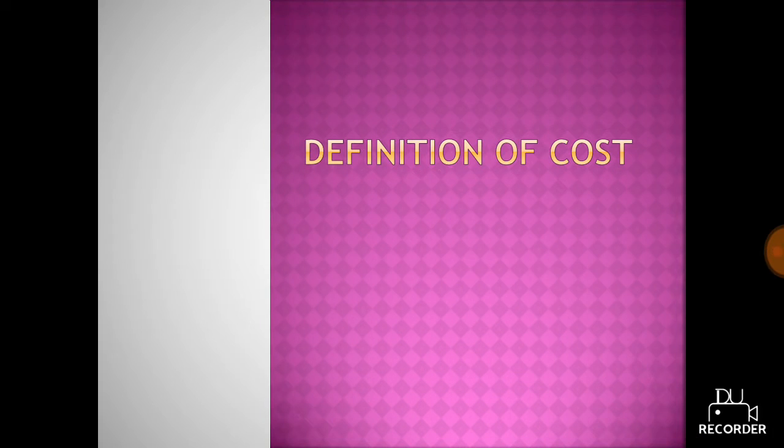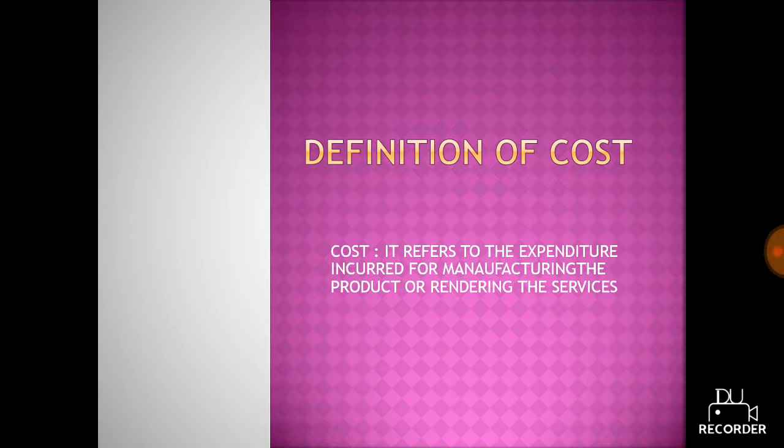Thank you. See, friends, we have to know what is the definition of cost. What is the meaning of cost? It refers to the expenditure incurred for the manufacturing of the product or rendering the services.